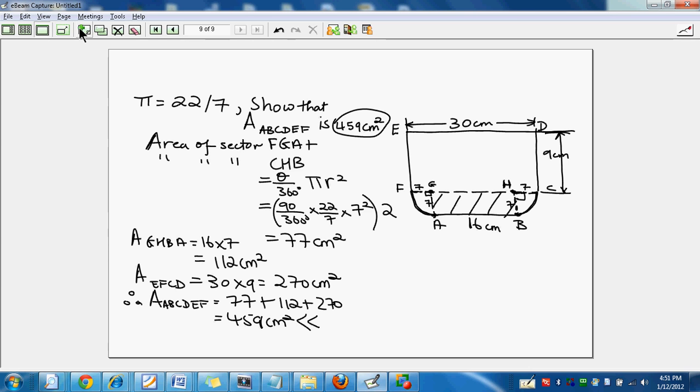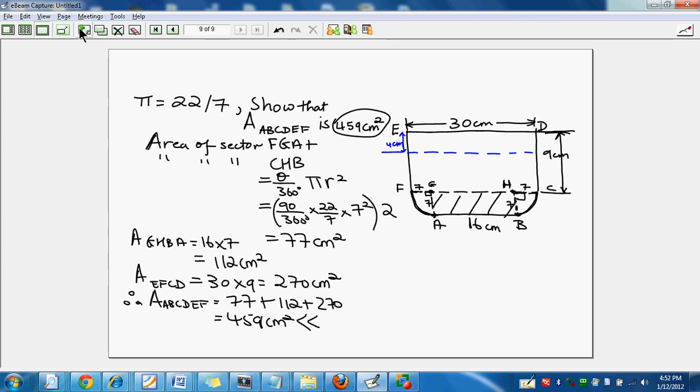The next part says water is poured into the container until the water level is 4 centimeters from the top. So if this is the top and the level is 4 centimeters from the top, let's say it's lying at this point here, that's where the water level will be. It will be 4 centimeters away from the top here, and therefore if this whole thing is 9, then the balance will be 5. 4 from 9 gives us 5.